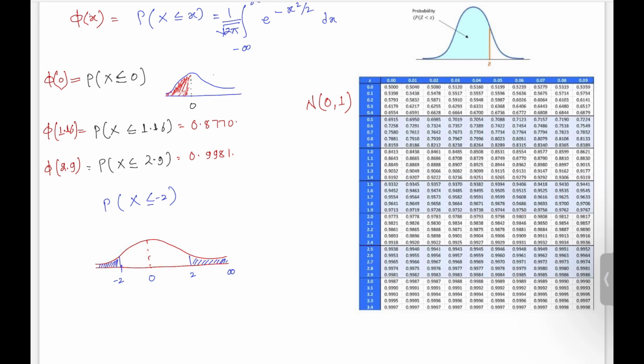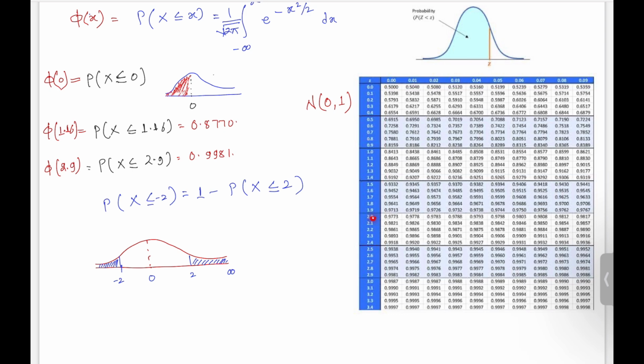The total area would be 1, right? So total area minus the area till this point, so we can write this as 1 minus the probability that random variable x takes the value less than or equal to 2, right? So 1 is the total area, and this will be the area till here, right? So total area minus this area will give me this area, right? And it is equivalent to saying that due to symmetry these two areas will be equal. So we can find this using the table, right?